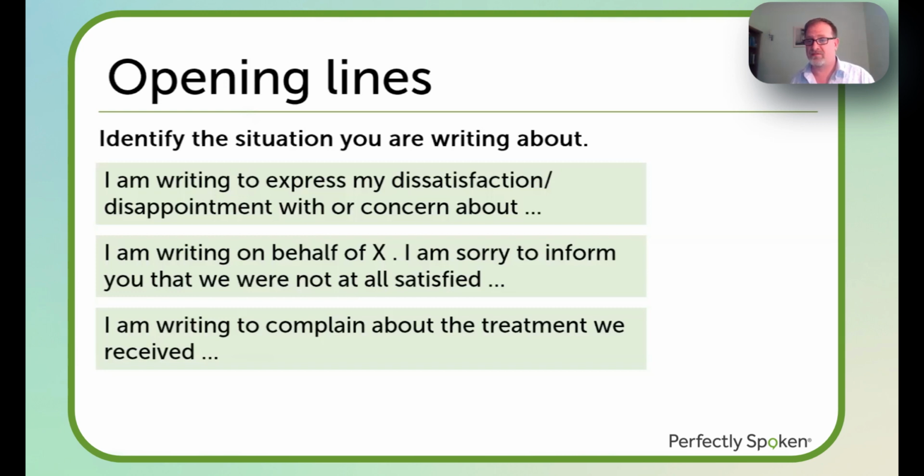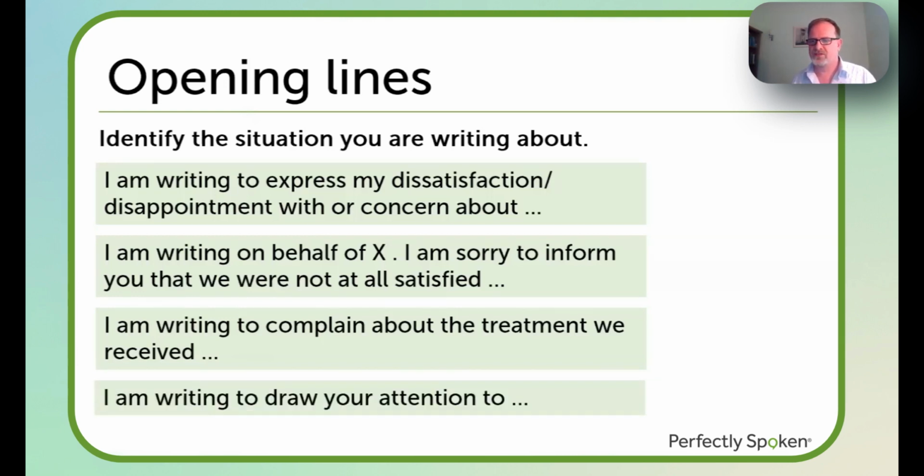Again, you have to specify what the problem was. And I'm writing to draw your attention to, and this is to make the manager or the whatever aware of the problem. I'm writing to draw your attention to something. Okay, so we've got the greeting, we've got the opening line. Again, just choose one of these examples in your own letter.